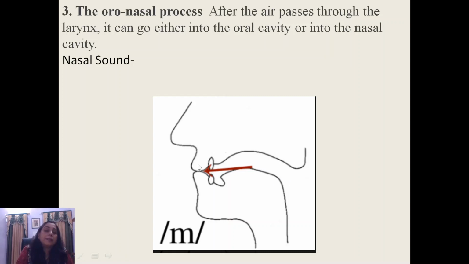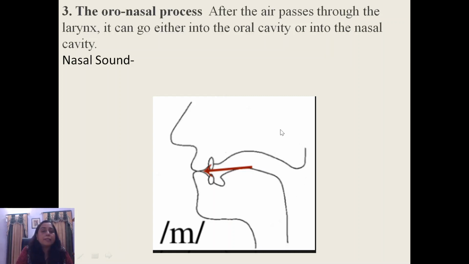And this diagram is about the nasal sounds. There's a complete closure and the sounds are created like m, n. At that time, the oral passage of the air is completely closed and the air passes through the nasal cavity.